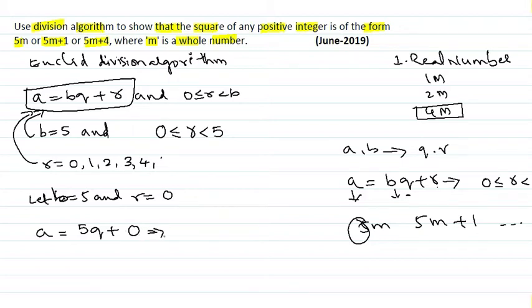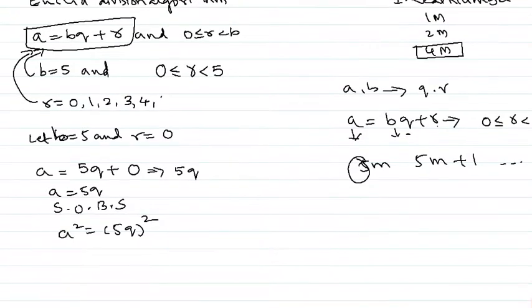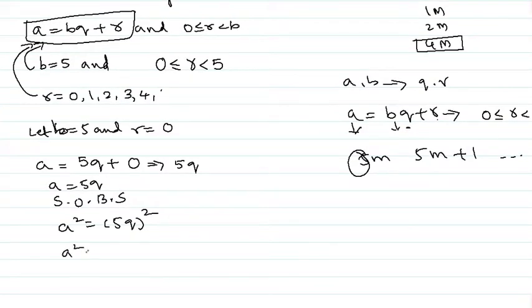So we can write it as 5q, that is a is equal to 5q. Now we need to show the square of any positive number. So next, squaring on both sides, what will we get? a square is equal to 5q whole square. If I simplify this, a square is equal to 5 square, meaning 25, and q square.